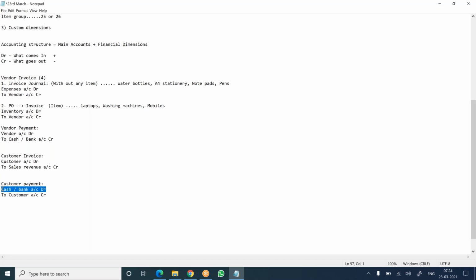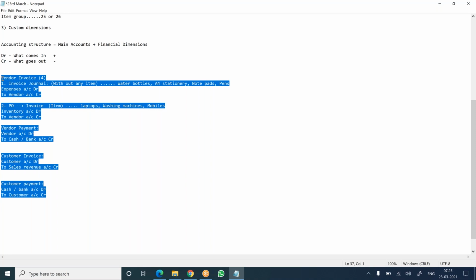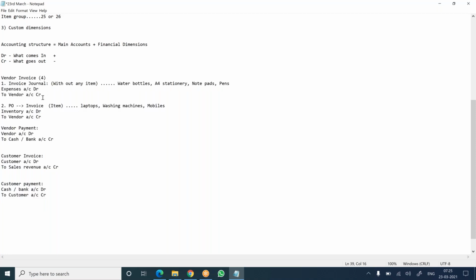So cash or bank account debit to customer account credit. These four you should know. It is a must. Without this knowledge also many people are becoming finance consultants, but my students should know about these four transactions: vendor invoice, vendor payment, customer invoice, customer payment. This is most important. So let me show you this one quickly.